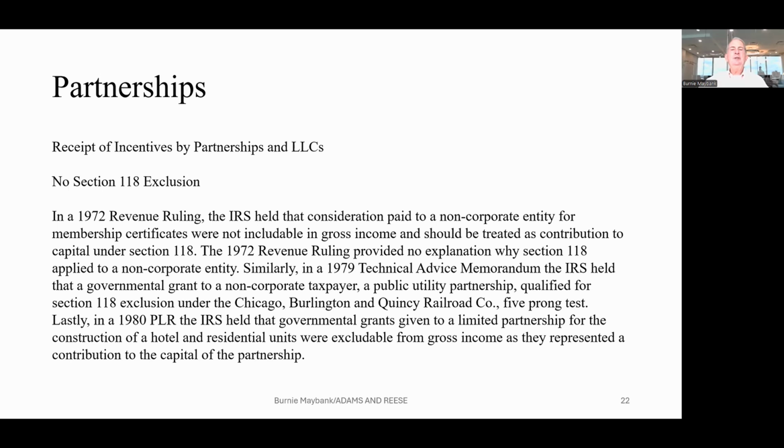Similarly, in 1979, the IRS held that a governmental grant to a non-corporate taxpayer, a public utility partnership, qualified for the Section 118 exclusion. And in 1980, the IRS held that governmental grants given to a limited partnership for the construction of hotel and residential units were excludable from gross income as they represented contributions to the capital of the partnership. So those were three very good, very pro-taxpayer rulings regarding partnerships.